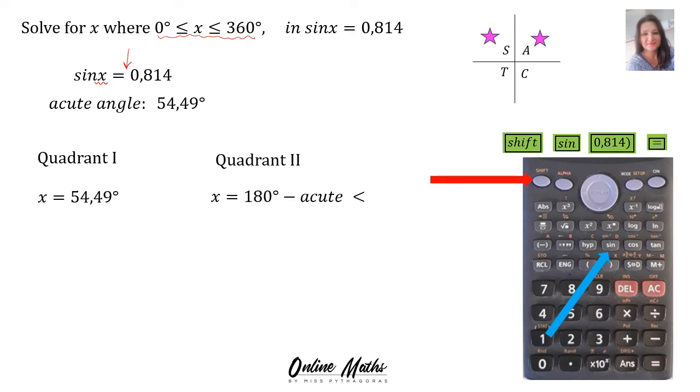But in the second quadrant, on the left hand side, it's the angle and it was x, so you write x equals. And then the rule for the second quadrant is 180 degrees minus the acute angle or the reference angle. Therefore, your other solution, x is 125,51 degrees.